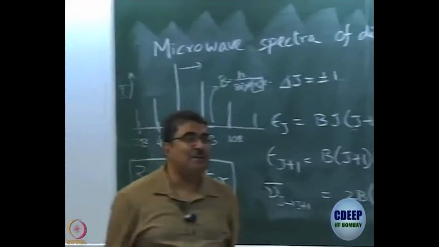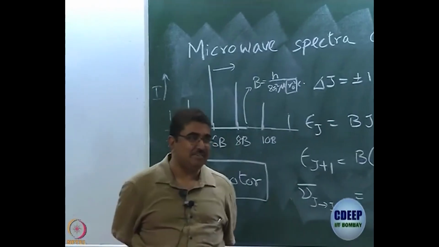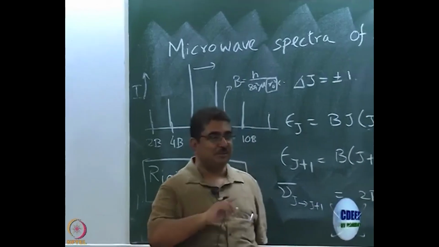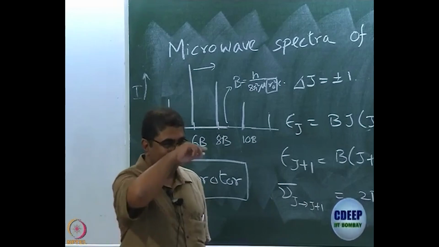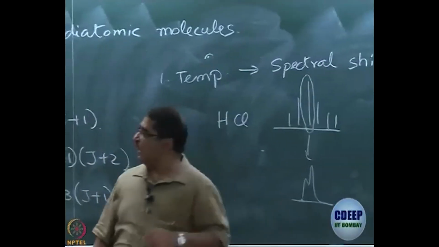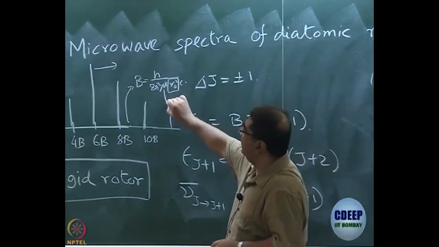Exactly. Chlorine, what is the atomic weight of chlorine? 35.5. Why is it 35.5? Because it is a mixture of two isotopes, right? 37 and 35. Now see what happens. It is not only r0, you also have mu, isn't it?